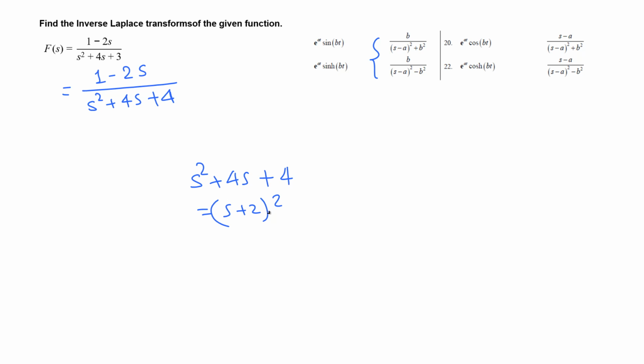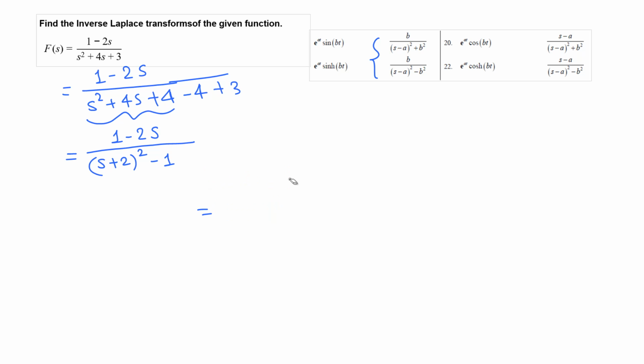Then we can write a complete square, but plus 4 is not there, so minus 4 and the remaining plus 3. Now we can rewrite as 1 minus 2s over (s plus 2) squared, and minus 4 plus 3, that's negative 1.